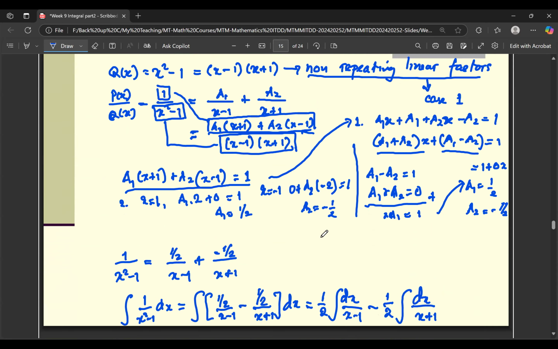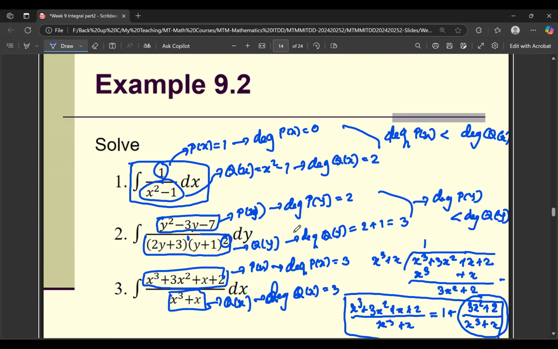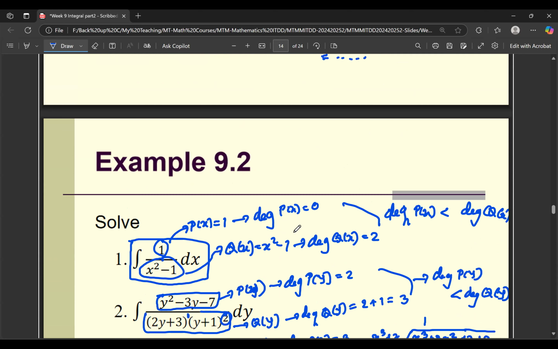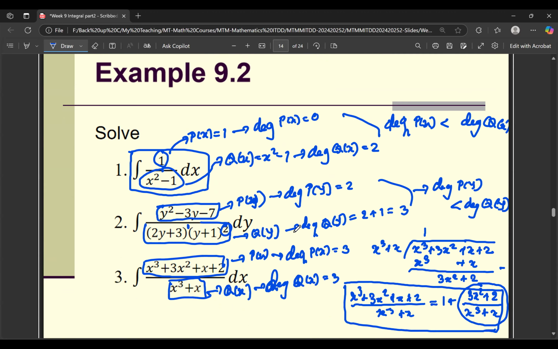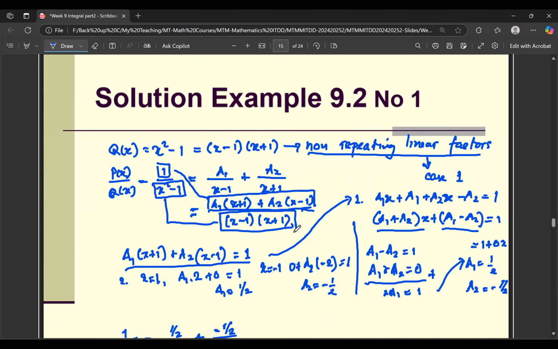Read it again. I will give you these scribbled slides, but I hope you write it down by yourself.